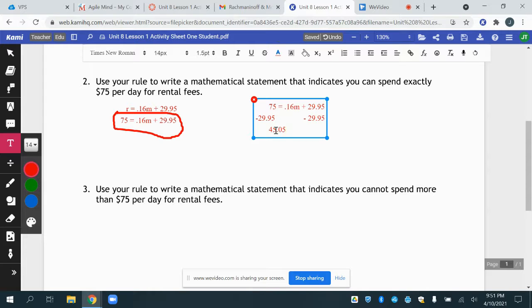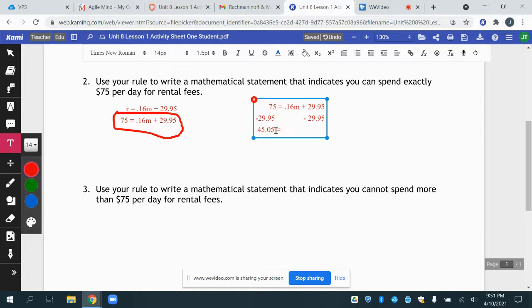And I've got to divide by 0.16 anyway. Here we are. So calculator on my phone. Yes, I use a calculator sometimes too. 75 minus 29.95. Yeah, I did it right. Good job. So I spend $29.95 to get this car, this dune buggy.